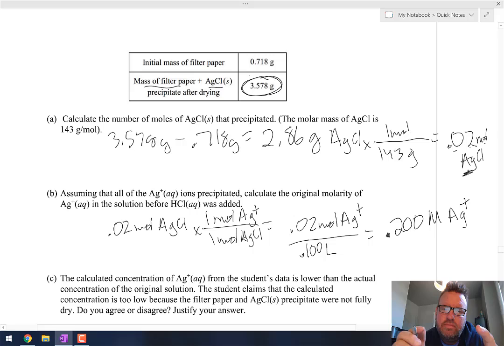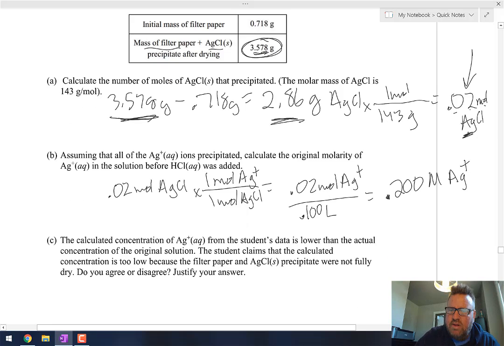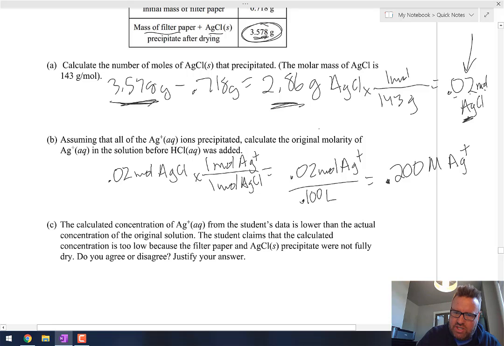Well, if you hadn't dried it completely, then this number would be bigger. And so usually when they have a problem with this, I just walk through the whole problem again. If this number's bigger, then that number's going to be bigger. If that number's bigger, then our moles of AgCl are going to be bigger. And if your moles of AgCl are bigger, come back down to here, that number's bigger, which means your concentration is bigger than it's supposed to be.